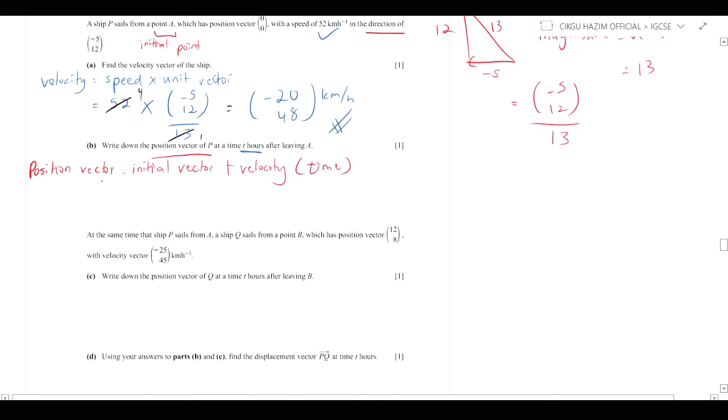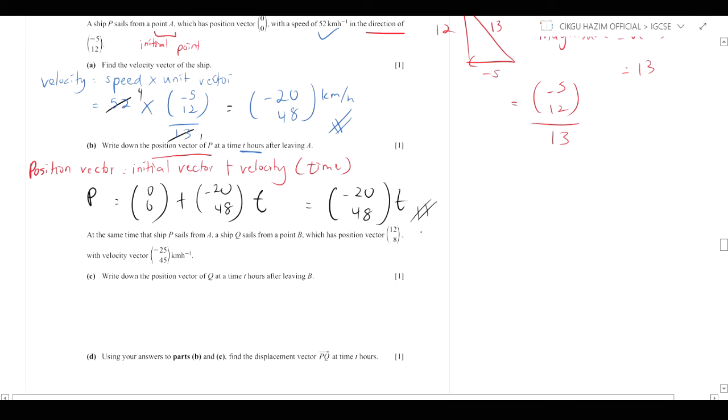To find the position vector of P here, their initial vector is (0, 0), because they already put it on top just now. And their velocity would be (negative 20, 48), and the time is in terms of t hours. So to simplify your answer, (0, 0) plus here, 0 is still 0. So your final answer is just (negative 20, 48)t.